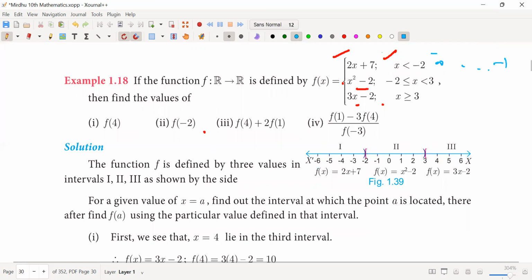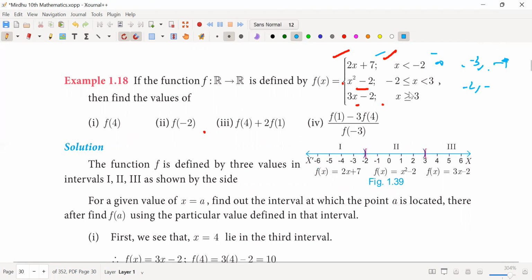We should use 2x plus 7 as the function.